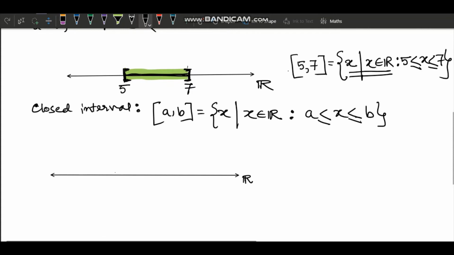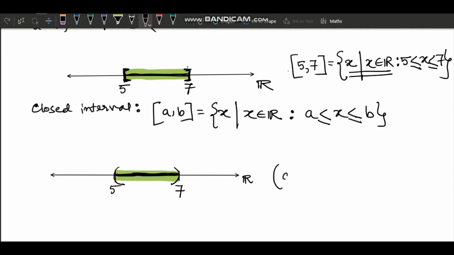Basically if we have 5 here and 7 here, open interval means all the numbers in between 5 and 7, but definitely 5 and 7 are excluded from the list. 5 and 7, that is the boundary, are not taken into consideration. It is only all the real numbers in between 5 and 7. Like I told you, the doors are open, and since 5 and 7 are just standing next to the doors, they have the chance to move out.